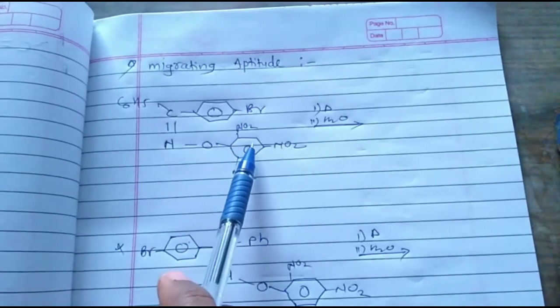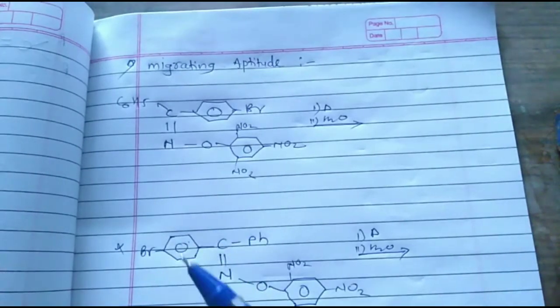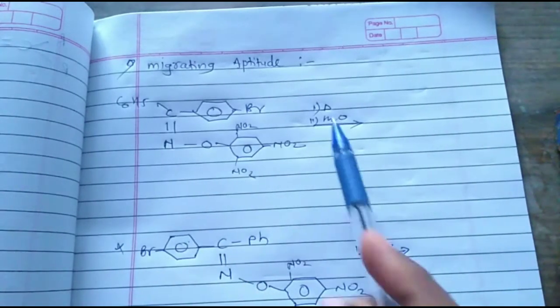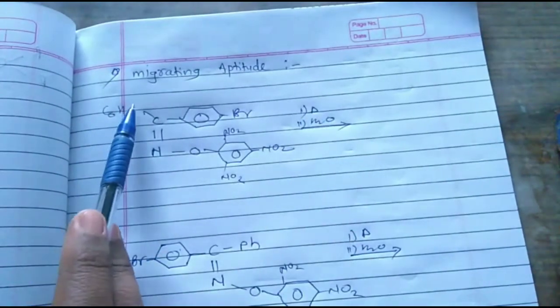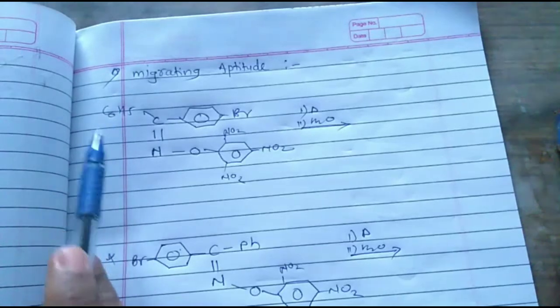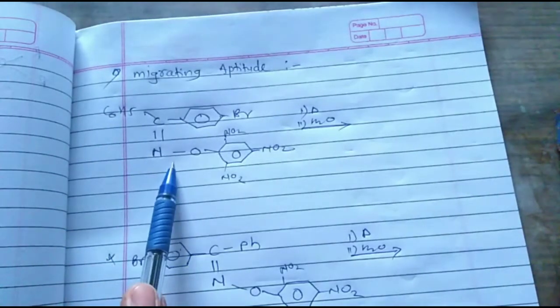When the Beckmann rearrangement is carried out in the solid phase by gentle heating, it has been found that only the phenyl group gets migrated in this reaction. Why?